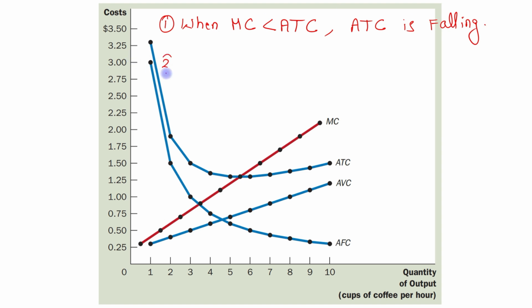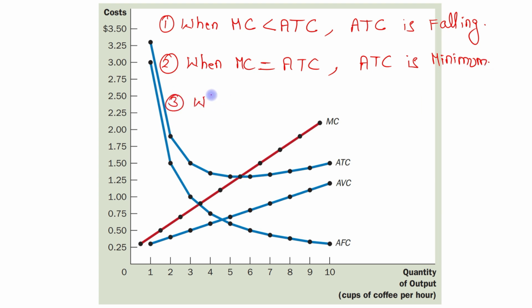Second point, when MC is equal to ATC, ATC is minimum, right? And last point, when MC is greater than ATC, that means the marginal cost curve lies above the ATC curve, this region, ATC is rising.